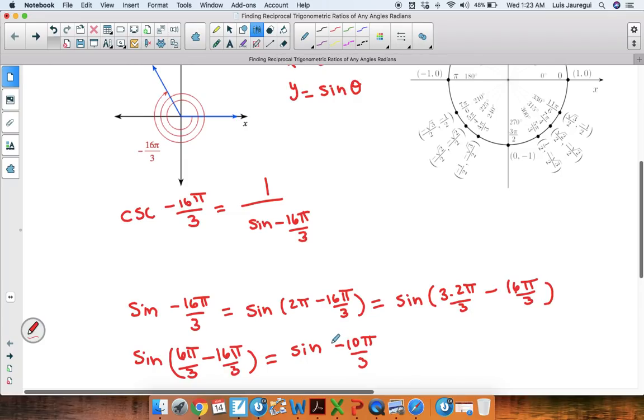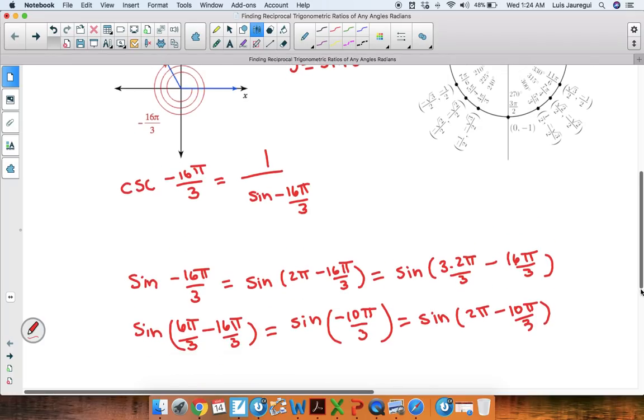Notice though, this is still not one of the angles in here. So let's find the sine of another coterminal angle. So we can say this is sine of 2 pi minus 10 pi over 3.